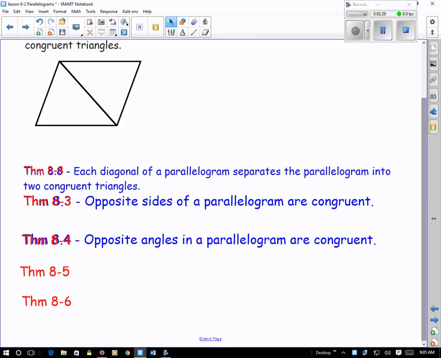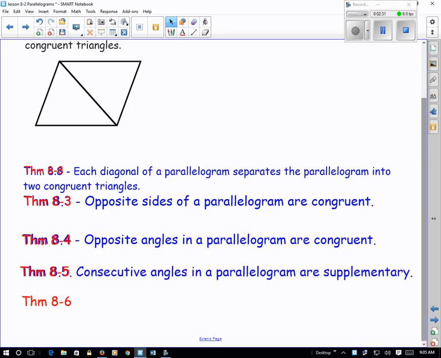Theorem 8.5 then gives us that consecutive angles are supplementary. Now that's not from the congruent triangles, but rather just from the fact that we have the parallel sides. So the consecutive angles are consecutive interior angles that we learned about back when we learned about parallel lines.